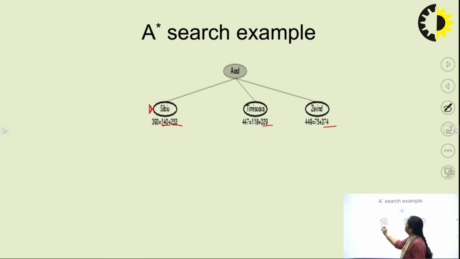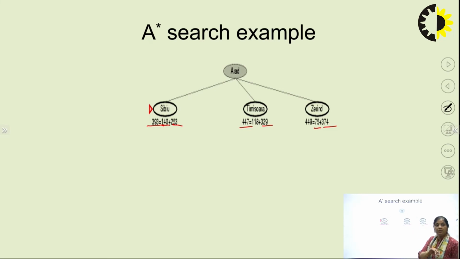That is 253. So total is 393. Same way for Timisoara, it is 118 plus 329, that is 447. And for Zerind, 75 kilometers is the distance from Arad to Zerind, and 374 is the estimate from Zerind to Bucharest. So total is 449.